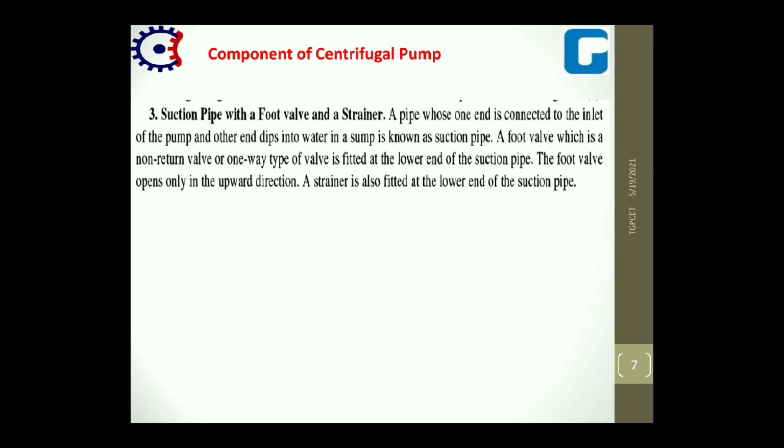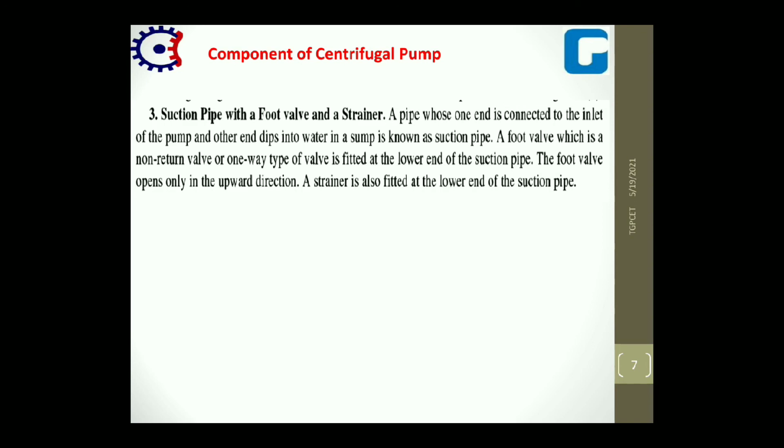Then the third component of a centrifugal pump is suction pipe with a foot valve and a strainer. Here is the working of the suction pipe, foot valve and strainer. A pipe whose one end is connected to the inlet of the pump and other end dips into water in the sump is known as suction pipe, and a foot valve, which is a non-return or one-way type of valve, is fitted at the lower end of the suction pipe. The foot valve opens only in the upward direction.